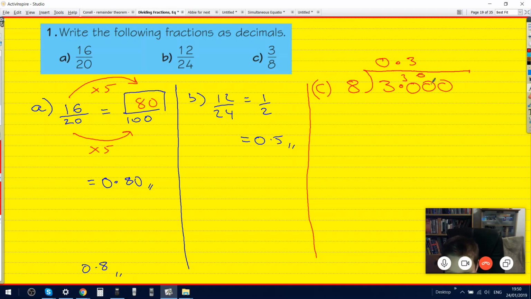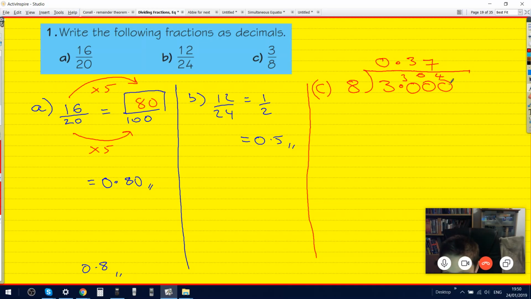And then how many 8s go into 60? I think 7 times, with 4 left over.